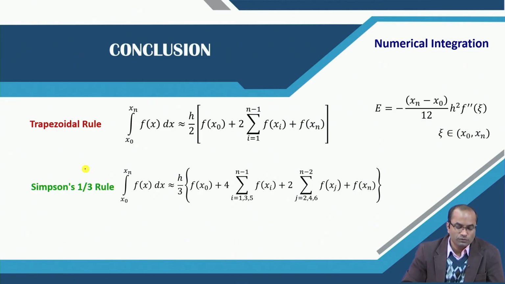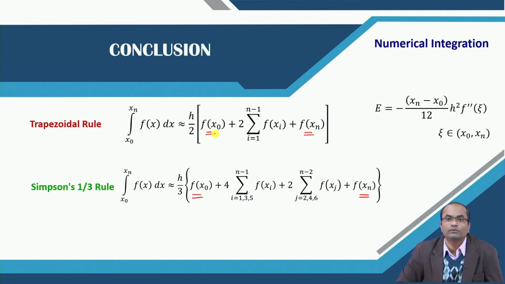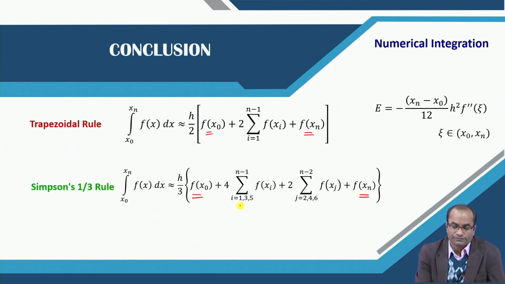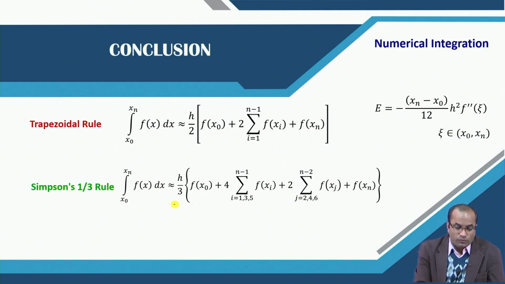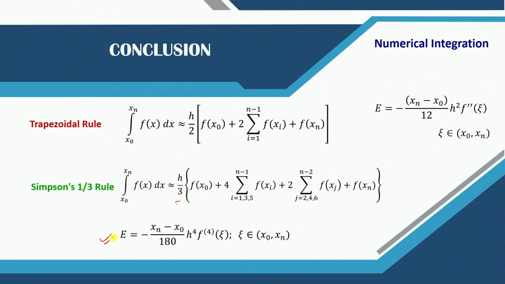Whereas, in the Simpson's rule we have a slightly different formula, where again the first and the last points are exactly the same as in the trapezoidal rule, whereas the internal points, all those having odd indices 1, 3, 5, will have 4 times the function value, and 2 times the function value for those having indices 2, 4, 6, etc. Well, and the error here is of higher order.